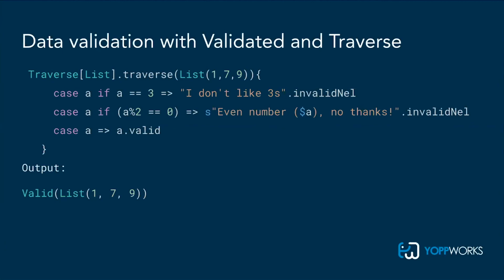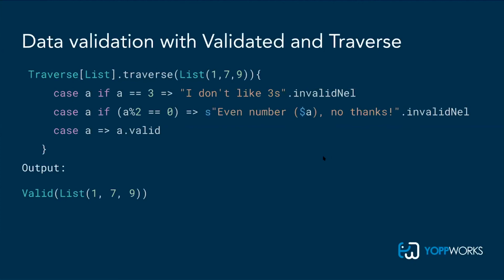This is an example of where changing the data type can change the behavior again. If we change to Validated, which you can think of as being a sort of parallel Either, and by parallel, I mean it's not dependent on each other rather than necessarily running at the same time. What Validated does is it either gives you a valid computation or it gives you an invalid, and it can actually join the invalids together.